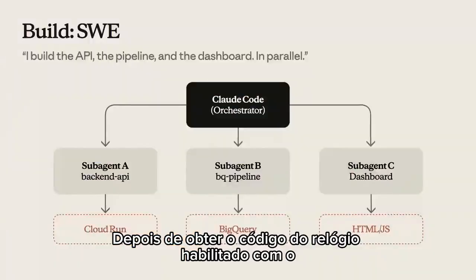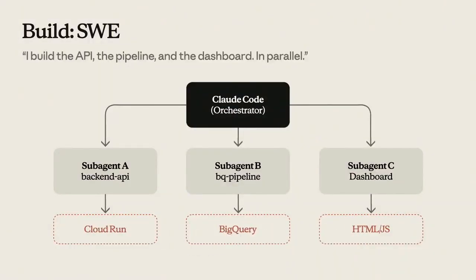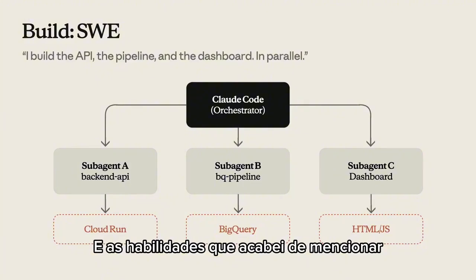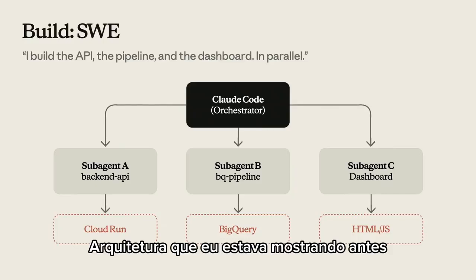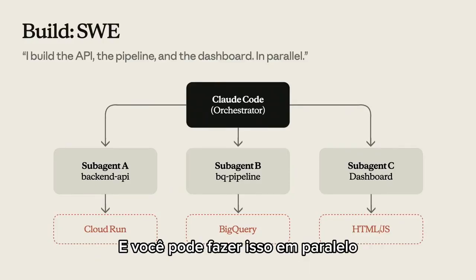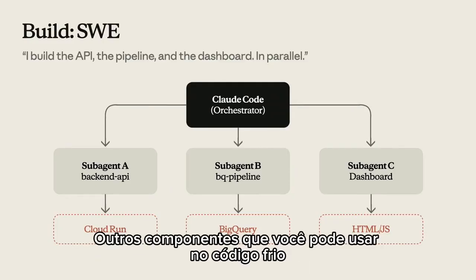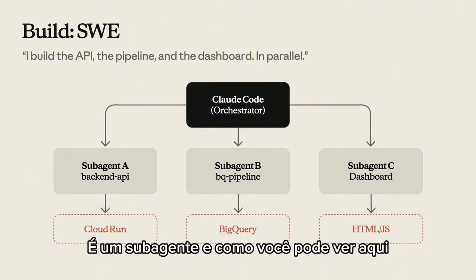So once you get Claude Code enabled with the MCP server of the documentation and the skills that I just mentioned, you can directly implement the architecture that I was showing you before, and you can do this in parallel. Another component that you can use in Claude is sub-agents.